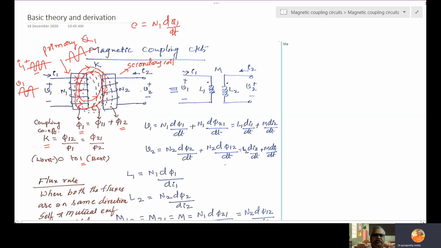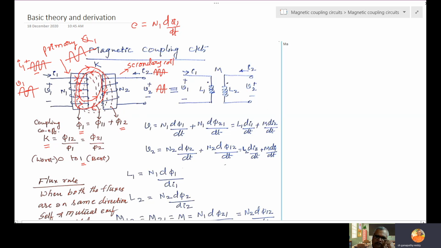So the secondary induced EMF depends on the phi12 value and the number of turns N2, and phi12 depends on the coupling coefficient K. Now, in the same way, if we apply V2, which is also an AC waveform, then I2 is also a sinusoidal current waveform.